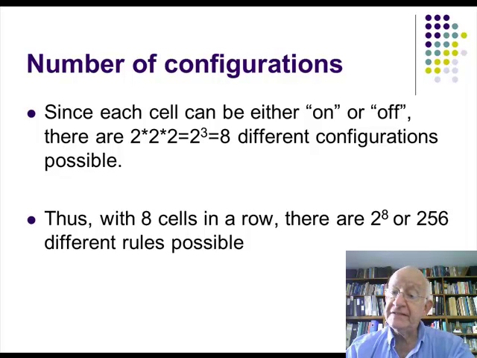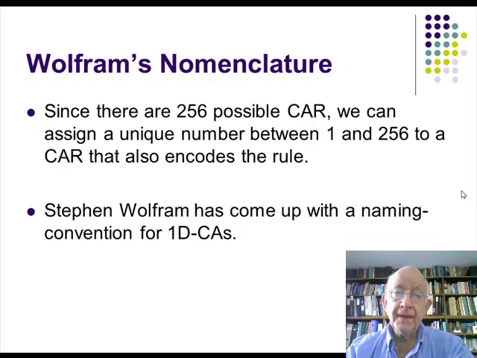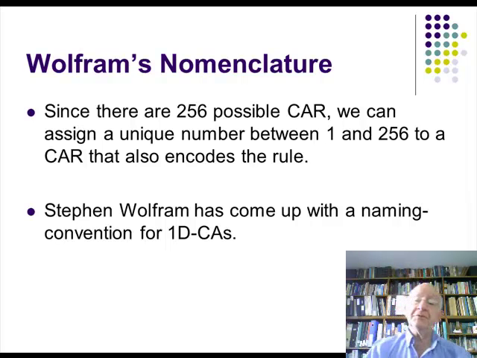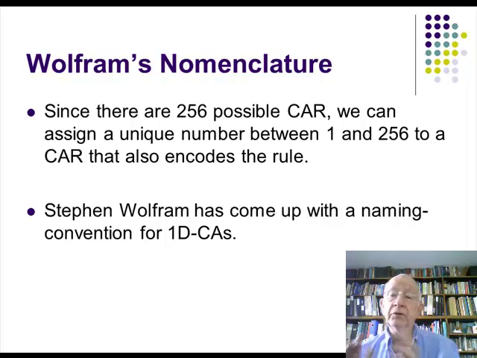Thus, with 8 cells in a row, there are 2 to the power of 8, or 256 different rules possible. Wolfram came up with a numerical tool, and since there are 256 possible CA rules, we can assign a unique number between 0 and 255 to a CA that also encodes the rule.